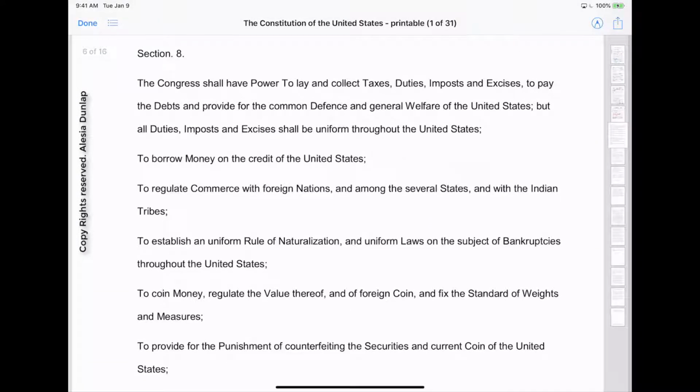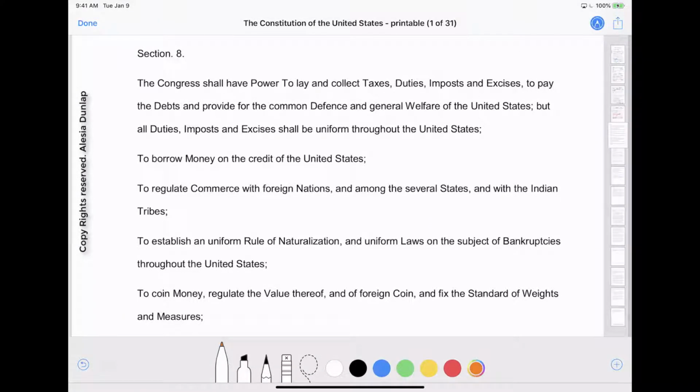Alright, Section 8, the most famous section of the Constitution. This is what Congress can do. This is the most famous part of this section of Article 1.